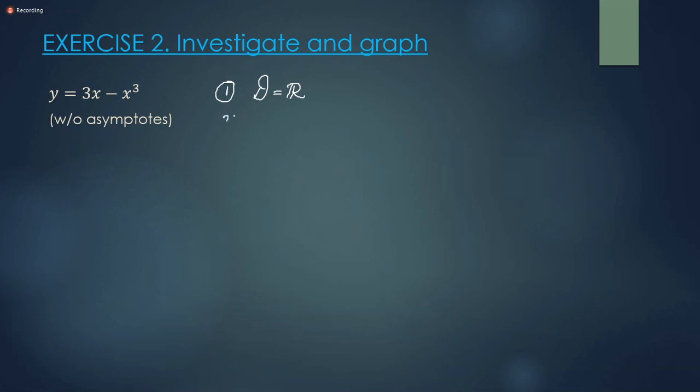Next, odd, even, periodic, definitely not, but we could see these are both odd powers, so we see that the function is odd. If you have doubts, you can always check: f of minus x is 3 times minus x minus negative x cubed, which is minus 3x plus x cubed, which is, taking minus outside, minus (3x minus x cubed).